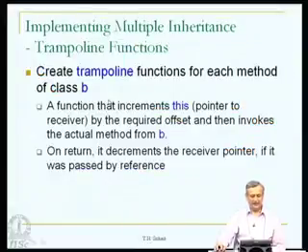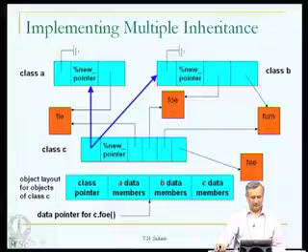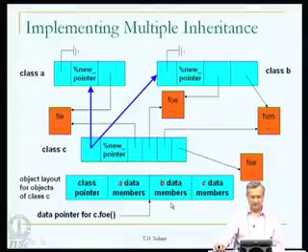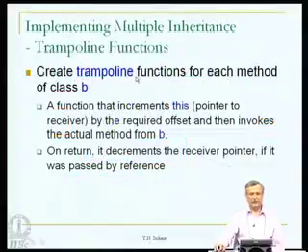So, whatever offset I showed here, this 8 was added; an instruction was generated to add this offset to the receiver's pointer address and then call the method. The other is what is known as a trampoline function.